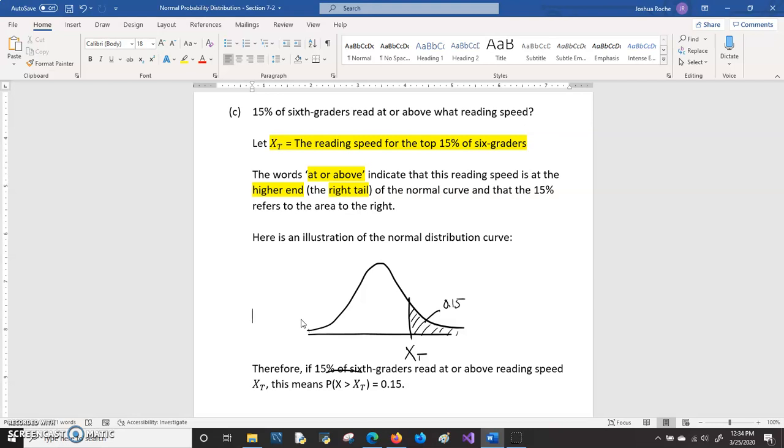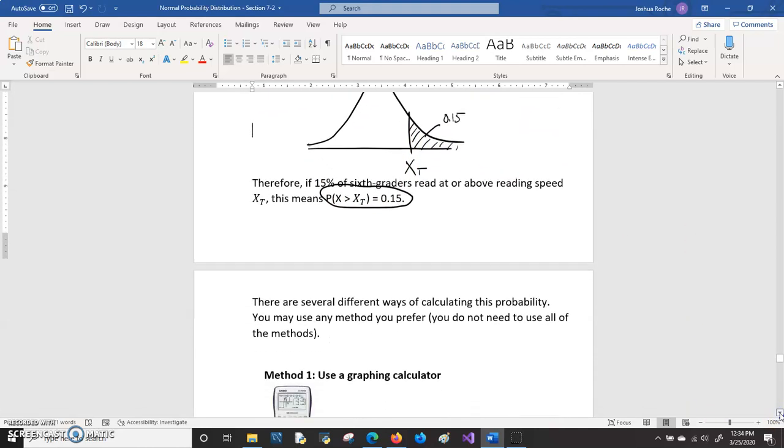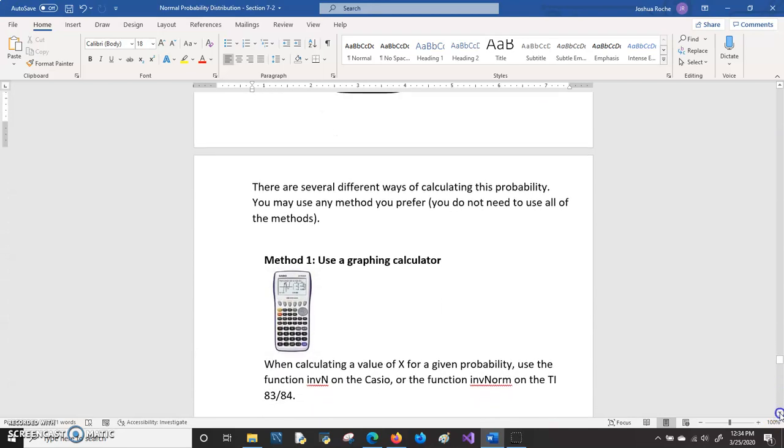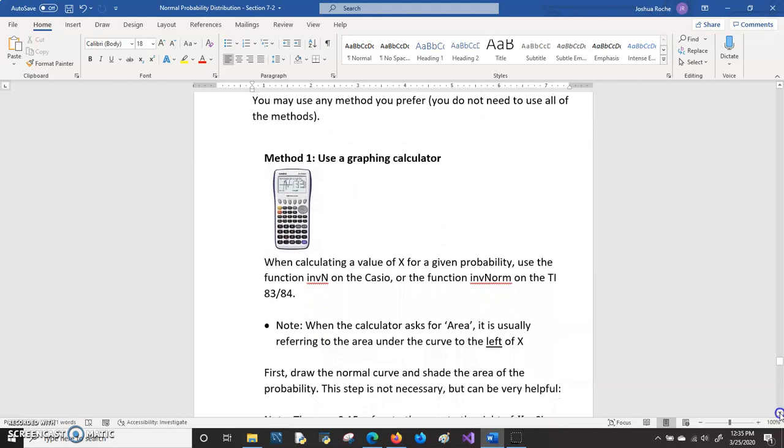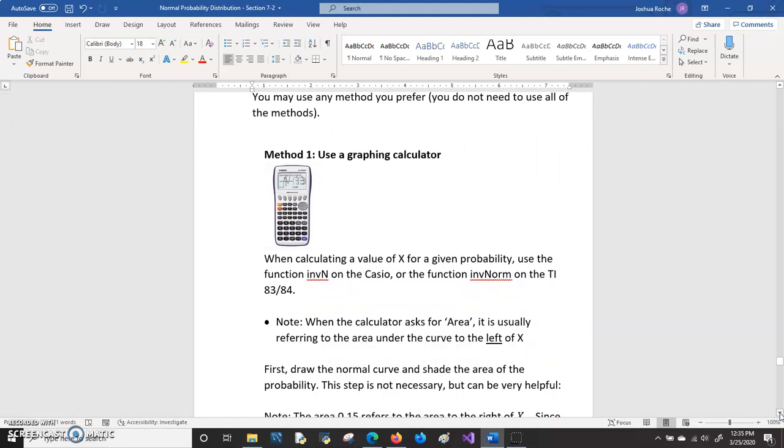And remember that that area is the same as probability. That's the same as saying the probability that x is greater than xt is 0.15. We'll start with working this out on a graphing calculator.